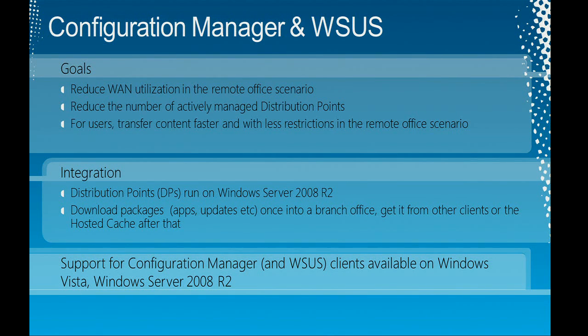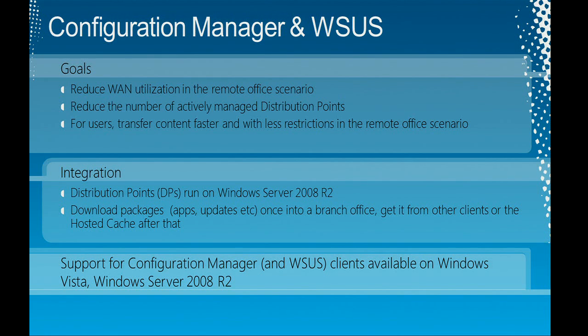For Configuration Manager and WSUS, you might have distribution points in every single branch. One option you could consider is to move the distribution point to the data center and make that distribution point BranchCache enabled, and guess what? All your patches now start getting put into the cache across your environment, one cache.